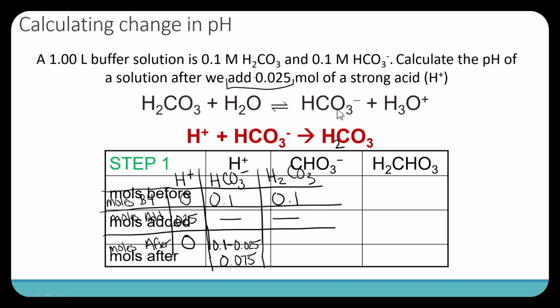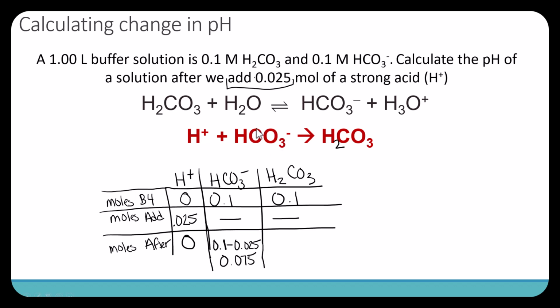Now, the conjugate base is consuming the strong acid to form the weak acid. So this is the whole purpose of the exercise: take a strong acid and make it a weak acid. As we're consuming the strong acid, we're going to get more of this weak acid that forms. We're producing it.